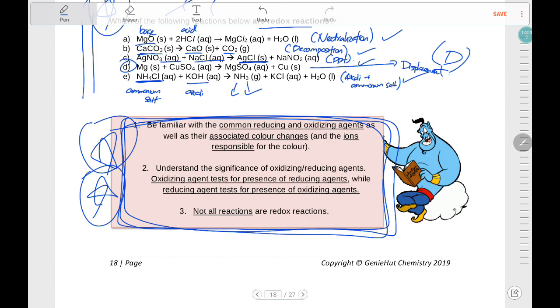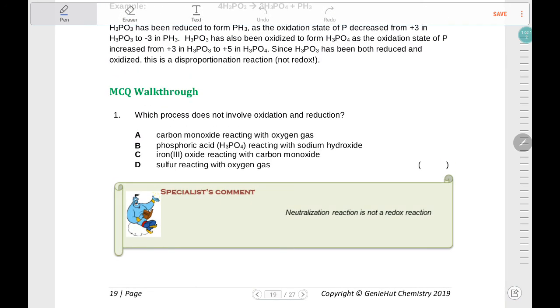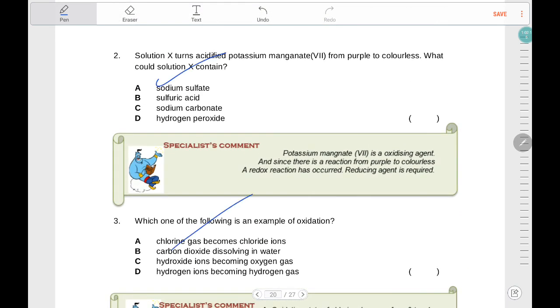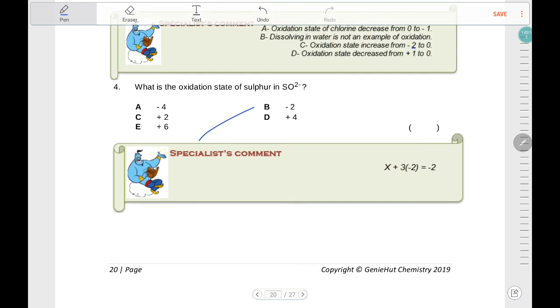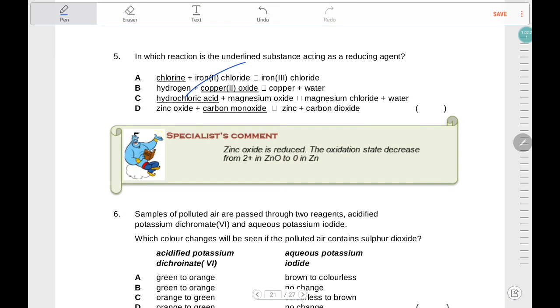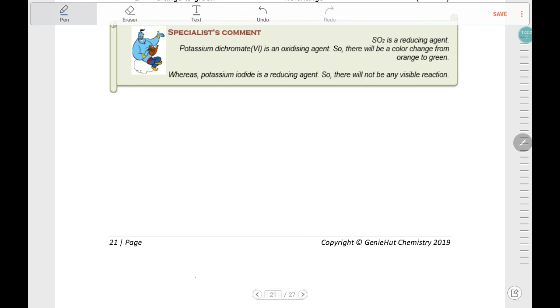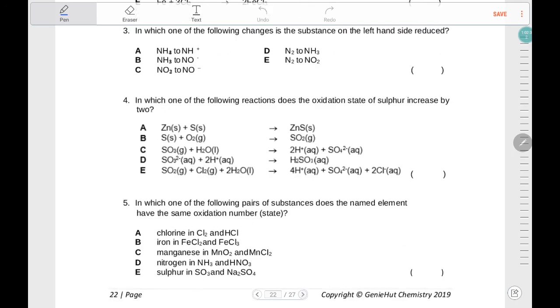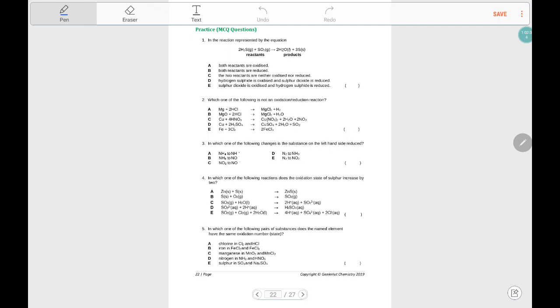Okay. So for homework, what I've given the class is to actually finish up on page 19 all the MCQ walkthrough. Right. Question 1, 2, 3, 4, 5, and 6. Try all of them, and also finish up all the questions left in this paper, because by now I think you should have covered the content already.